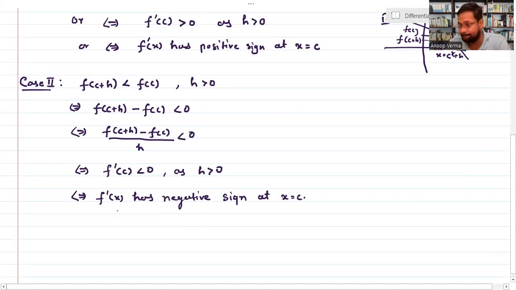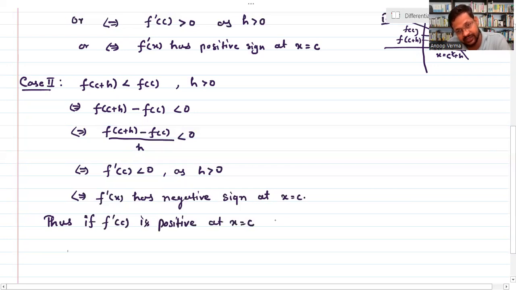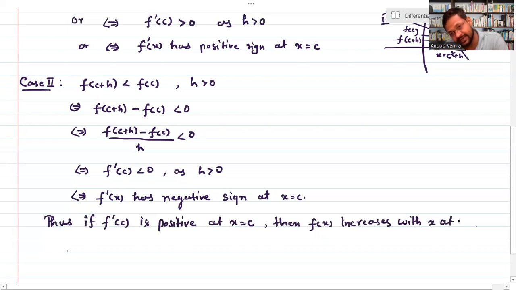So thus we can say, if f dash c is positive at x is equal to c, then f x increases with x at x is equal to c. If f dash c is negative, then it decreases.